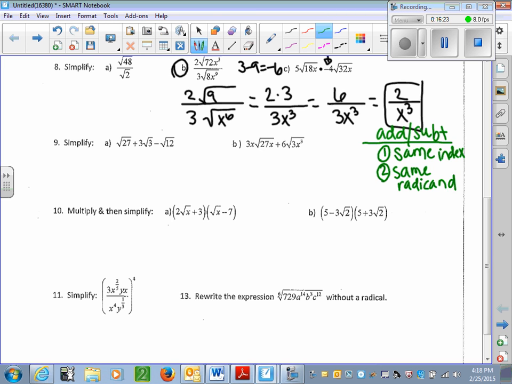Step 3, sorry, let's fix this real quick. If we do not have the same radicand, so if not, then we need to simplify to make the radicands the same, if we can. We may not always be able to, but we can try.